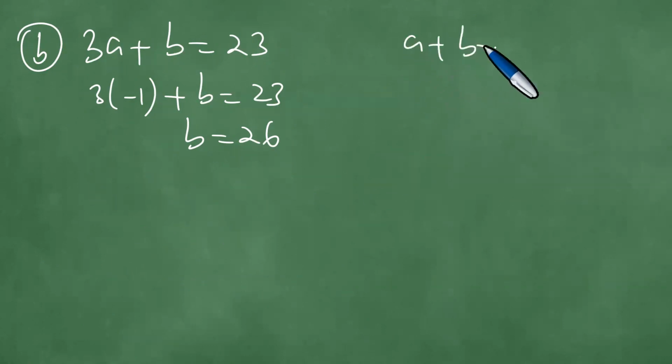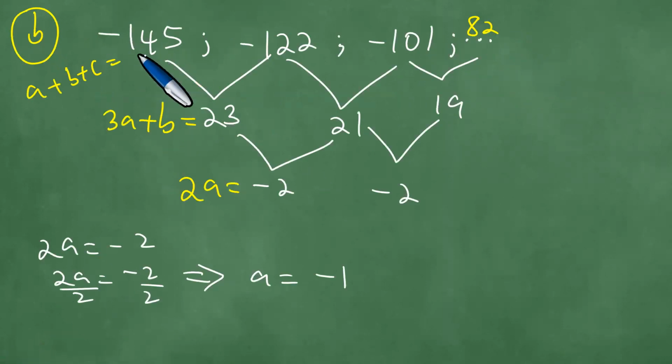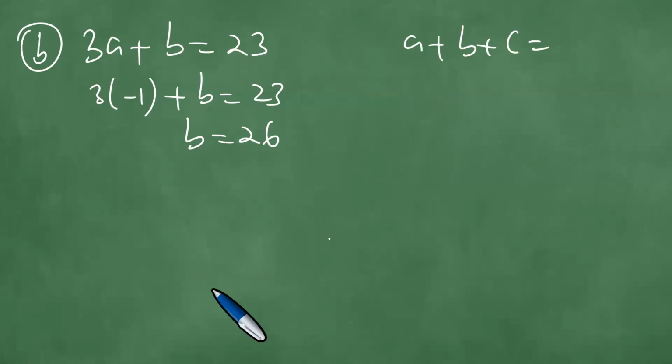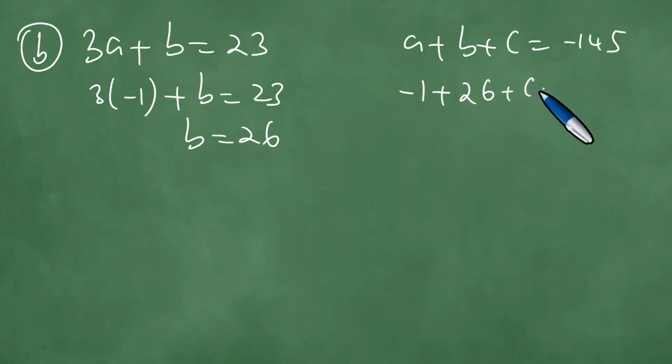The a plus b plus c part equals the first term here, which is minus 145. So the a is minus 1, the b is 26, plus c equals minus 145, which means therefore c equals, okay, 26 minus 1 is 25. You bring it across, it becomes exactly minus 170.